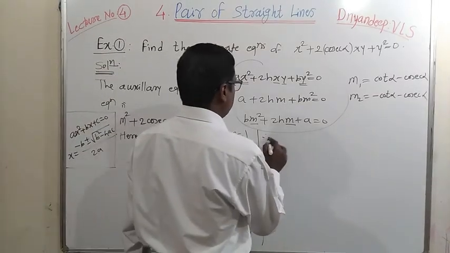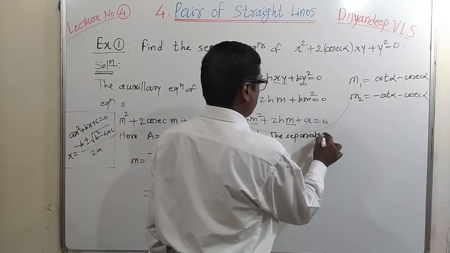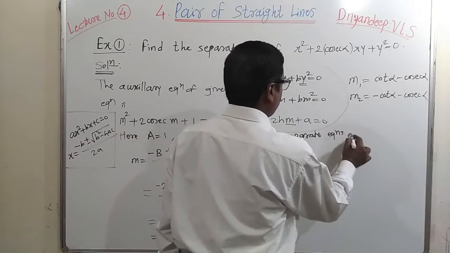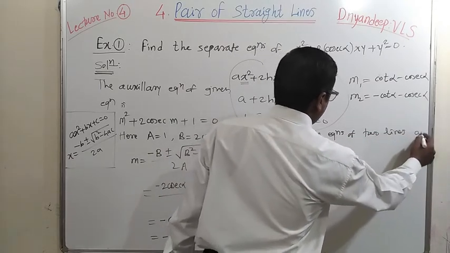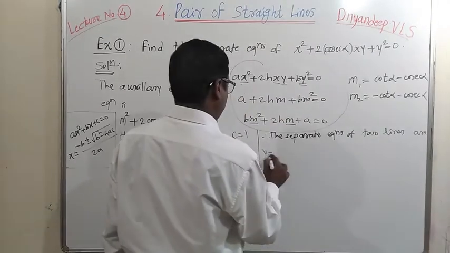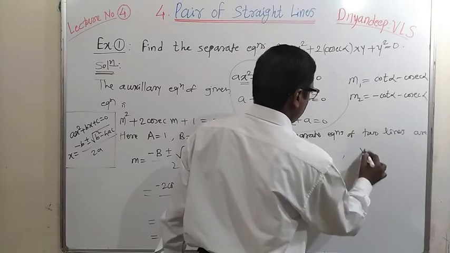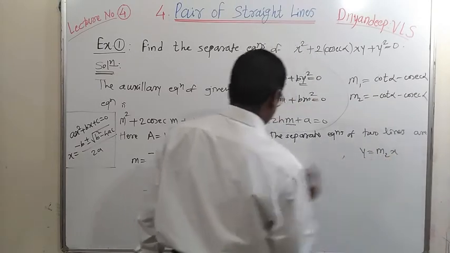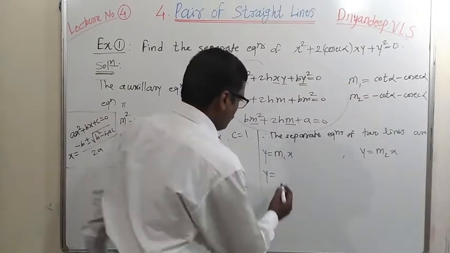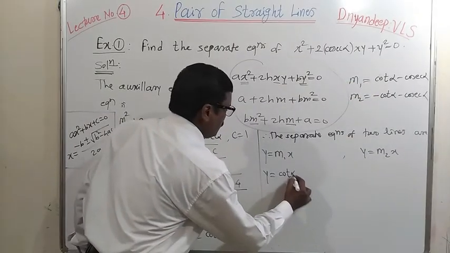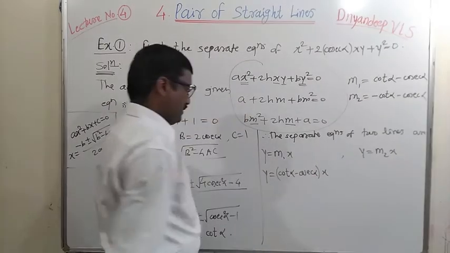Therefore the separate equations of two lines are y equal to m1x and y equal to m2x. What is m1 here? m1 is cot alpha minus cosec alpha, so it is y equal to cot alpha minus cosec alpha x.